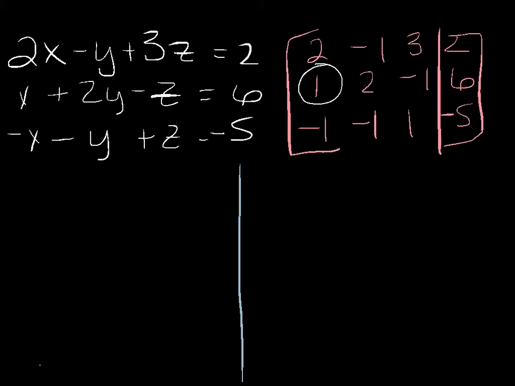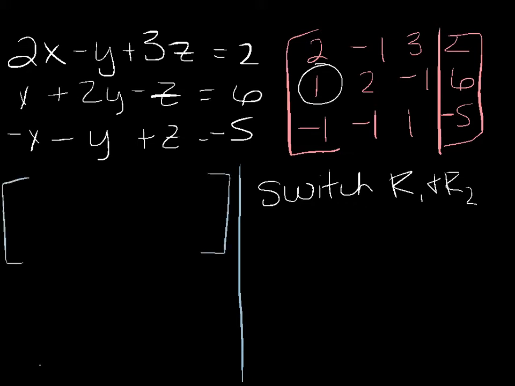So I'm going to switch my row 1 and row 2 to make sure that I have my first entry be a 1. So I have 1, 2, negative 1, 6. 2, negative 1, 3, and 2, and negative 1, 1, and negative 5.